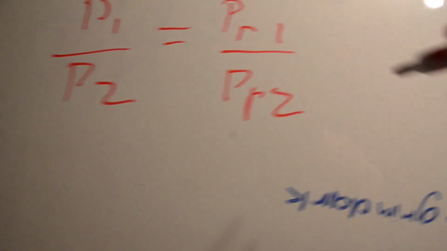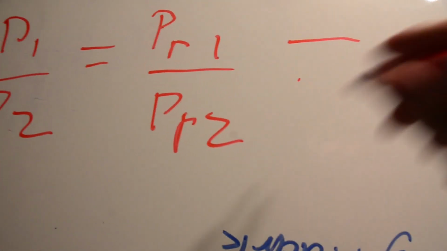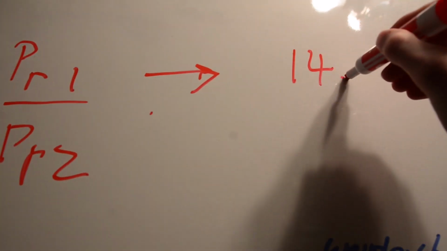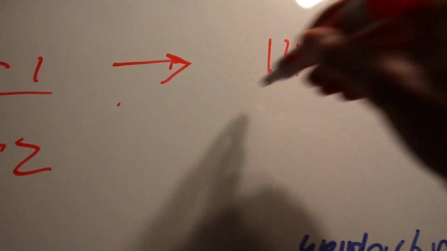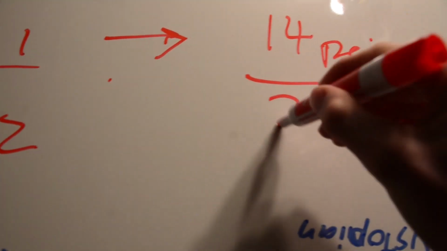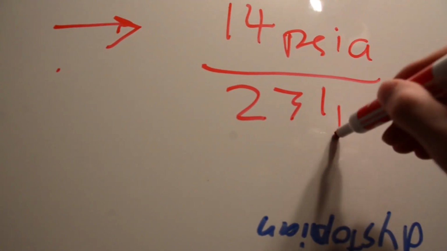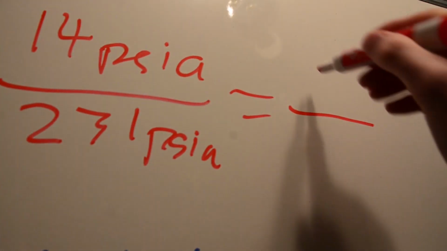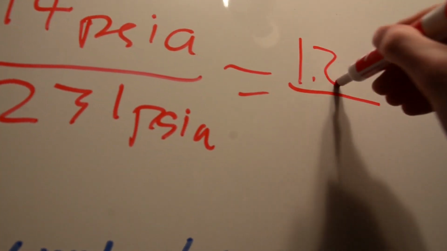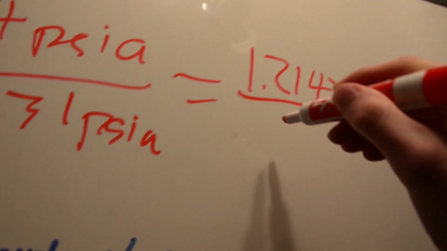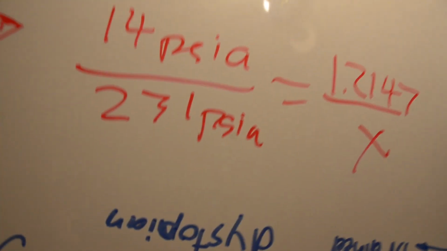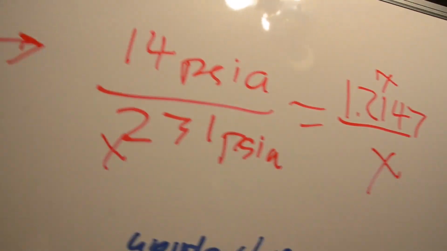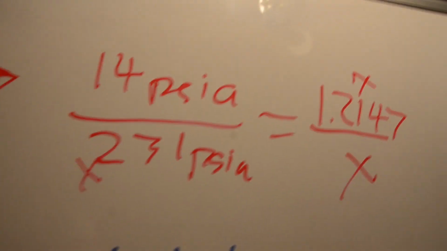Now, I did this equation using the initial values, which was 14 psi divided by 231 psi, which was equal to the pressure ratio, which, if you rewind the video real quick, looked like 1.147 divided by x. And then I put x here or x here, and guess what? It worked out this calculation no problem.